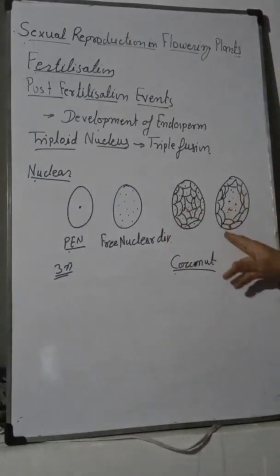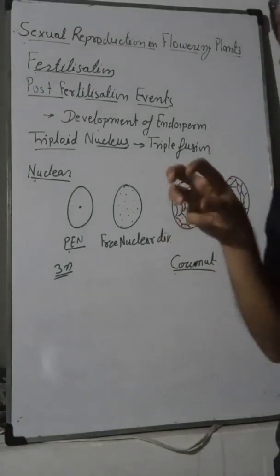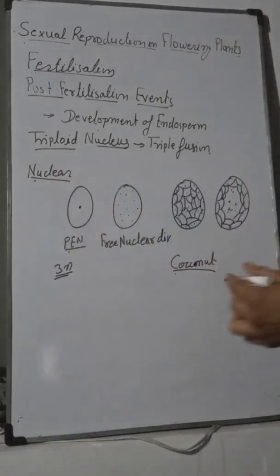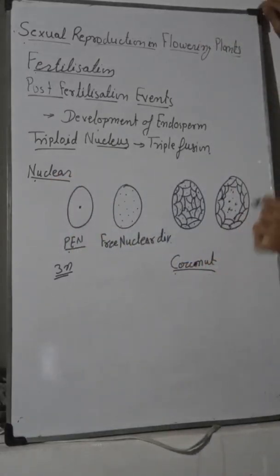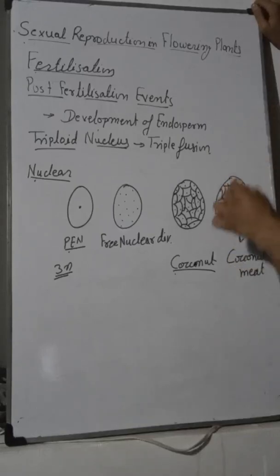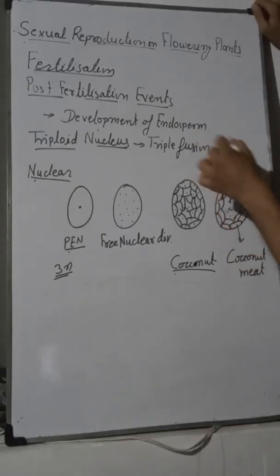One is cellular, which is present towards the periphery, and at the center the nuclear endosperm is there. This peripheral endosperm, which is cellular, is known as coconut meat. And the central liquid endosperm is the syncytium.